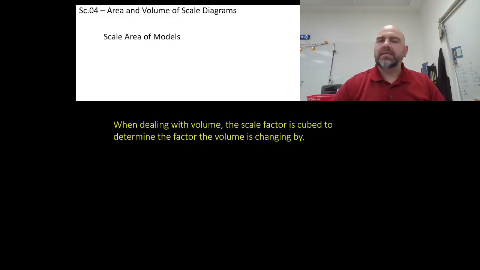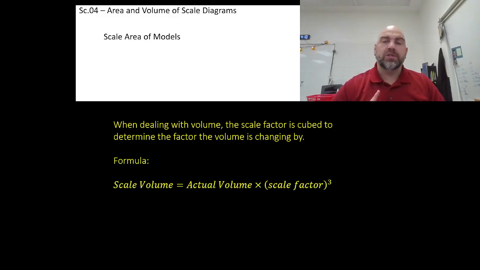When dealing with volume, the scale factor is cubed to determine the factor the volume is changing by. So our formula is going to look like this: scale volume is equal to the actual volume times the scale factor cubed. I'm going to use a little example here.